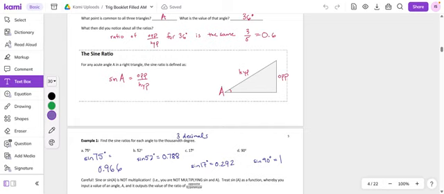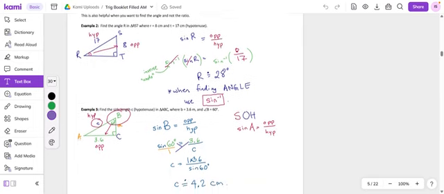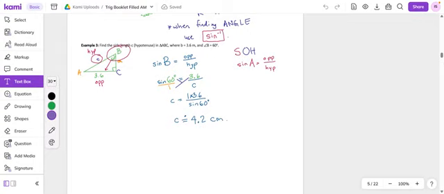And you have to choose, are you going to use sine or cosine or tangent? So if you can do the second part of the lesson today, that would be a level 4 trig ratios question.